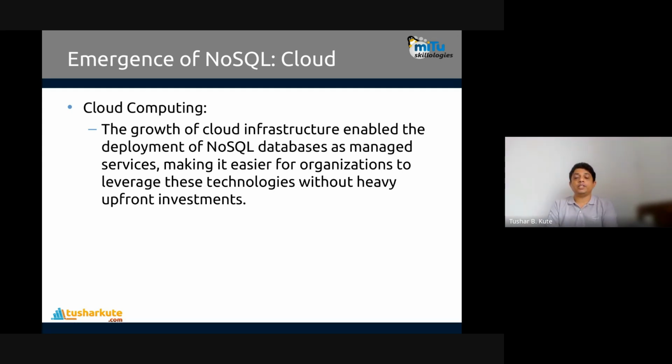Like many services, design as a service, encryption as a service, login as a service. Many such architectures are available, which we can use on cloud system architectures. That's why they are emerging. And that's the reason why NoSQL is being developed and used so fast in current generation software technologies.